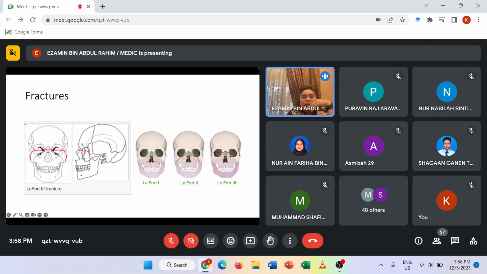Then Lefort 2. But the worst is Lefort 3. You can imagine your skull breaking up like that, right? Lefort fracture. It's quite common, quite common. Alright.